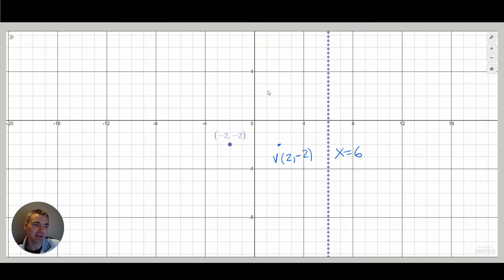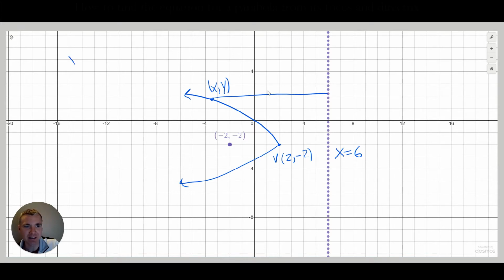Now the next thing I can do is use the fact that any point on the parabola is the same distance from the focus as it is from the directrix. So if I have a parabola that looks something like this, I know that some point (x, y) is the same distance from the directrix, and that distance is the x-coordinate of the point minus the x-coordinate of the directrix, which is 6.